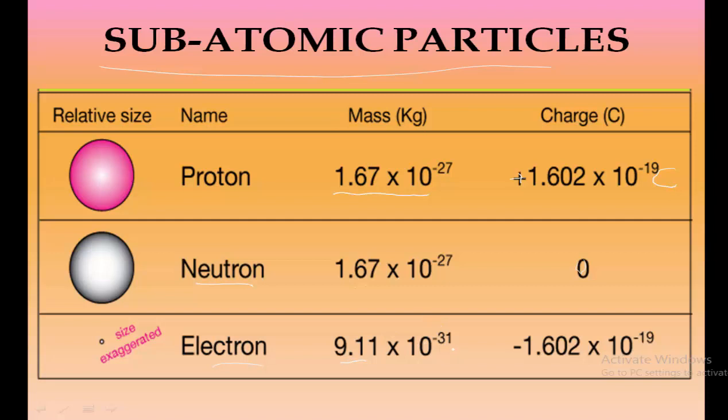So it is very small and its charge is -1.602 × 10^-19 coulomb. So the electron is negatively charged, the proton is positively charged, and the neutron is electrically neutral.